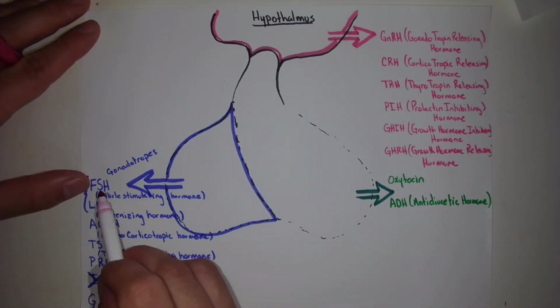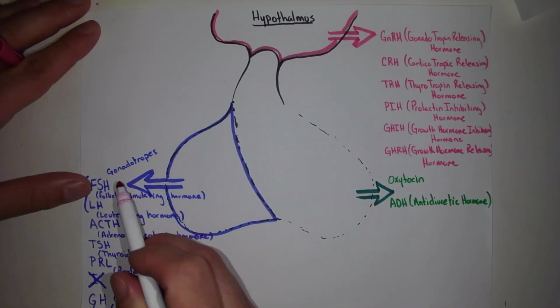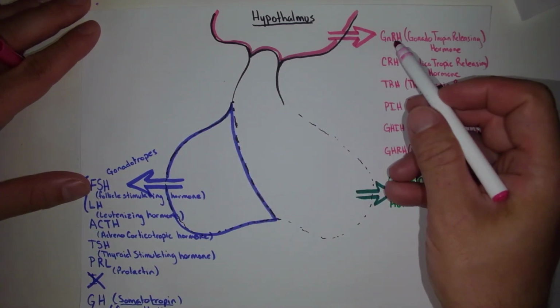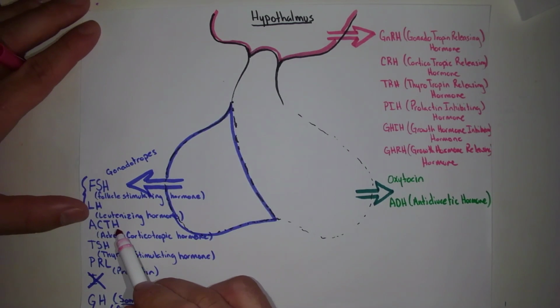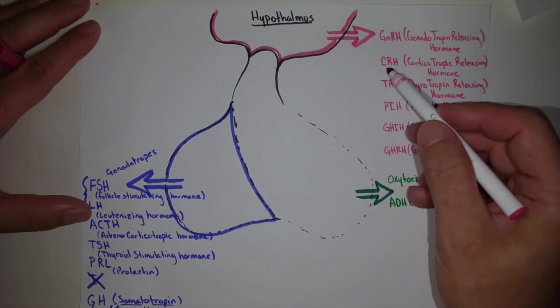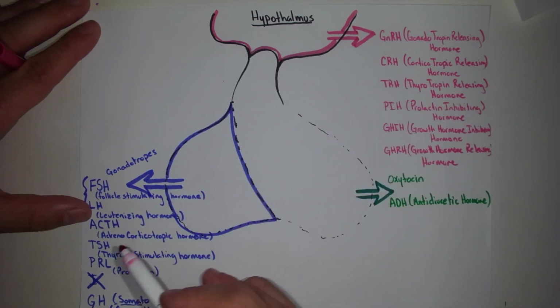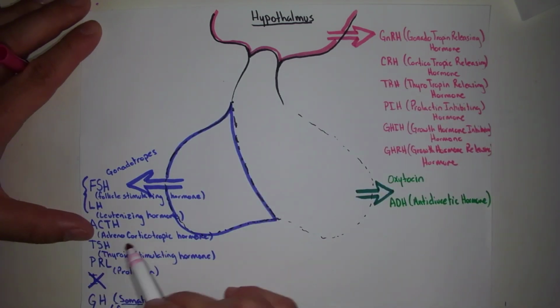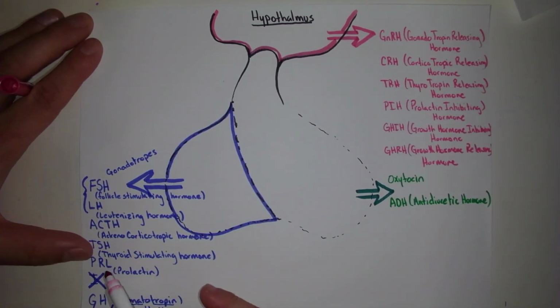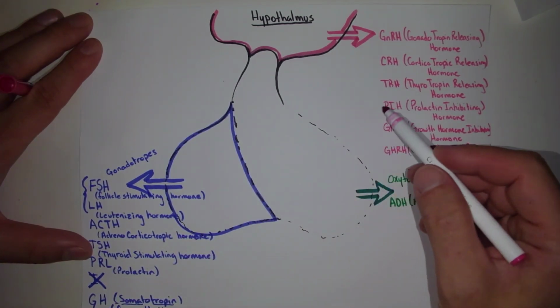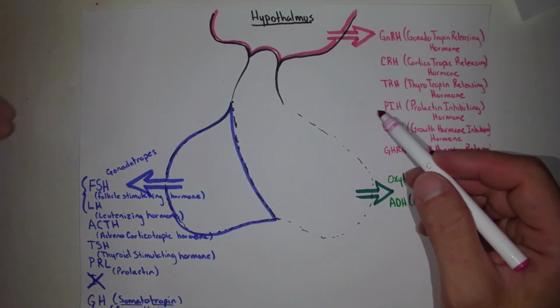For example, FSH and LH, the gonadotropes, correspond to GnRH. ACTH corresponds to CRH. That is, CRH causes its release. TSH corresponds to TRH. PRL, or prolactin, corresponds to prolactin inhibiting hormone.